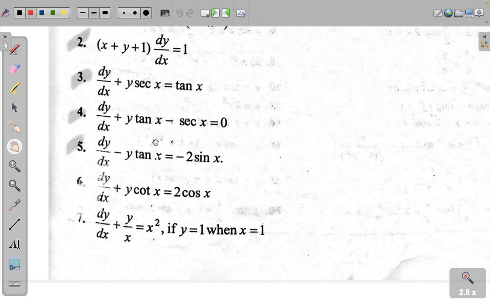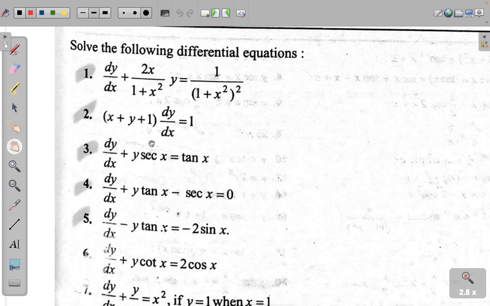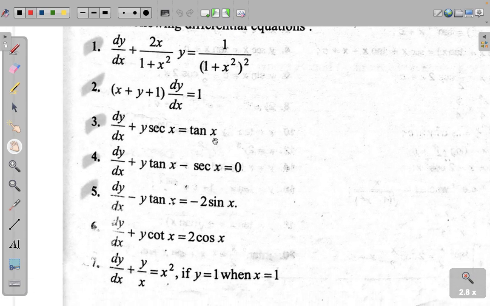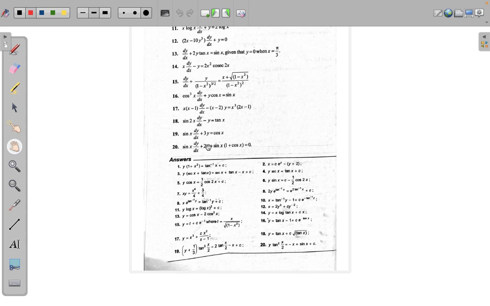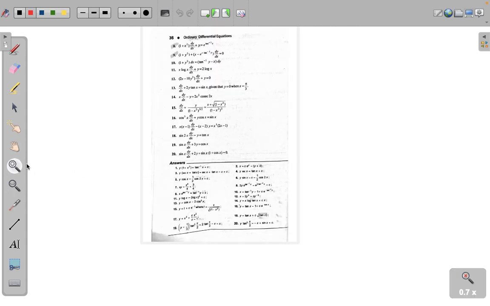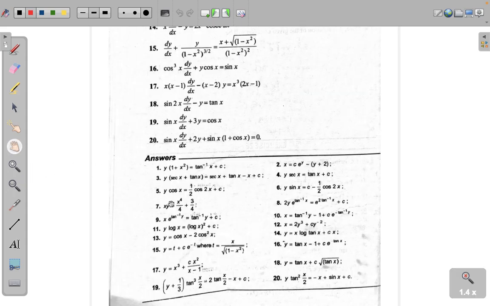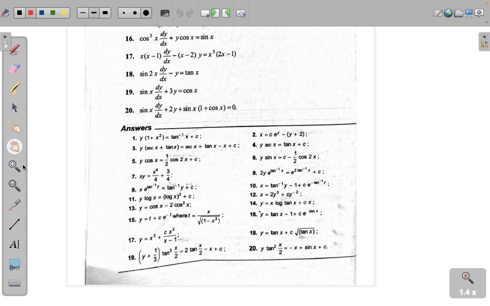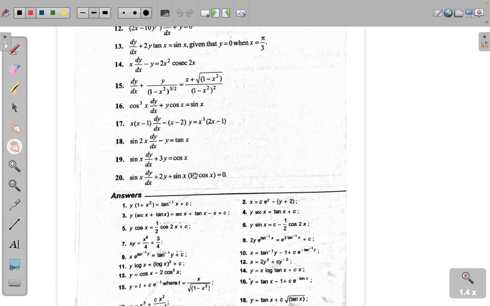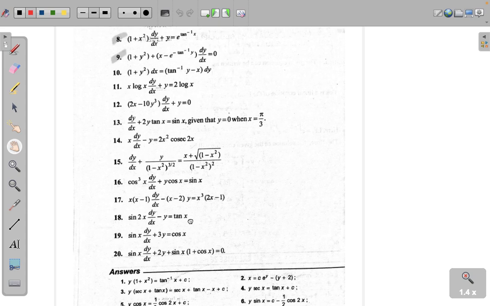Answers: 20 exercises are given at the end of this chapter, and all the answers are also given. Well, this is one of the good things of this book, that most of the examples are solved already for you, so you don't need to solve them yourself.